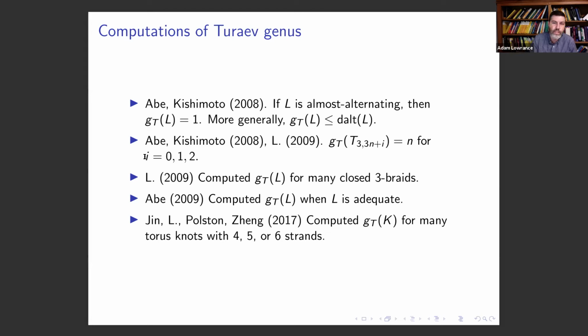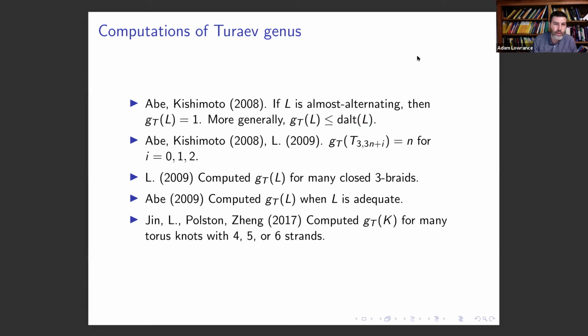And so if you have such a link, then its Turaev genus is 1. And more generally, instead of having one crossing change to alternating, you count the minimum number of crossing changes that transforms your diagram into an alternating diagram, and that's the de-alternating number that appears over here. And the Turaev genus is always less than or equal to the de-alternating number.